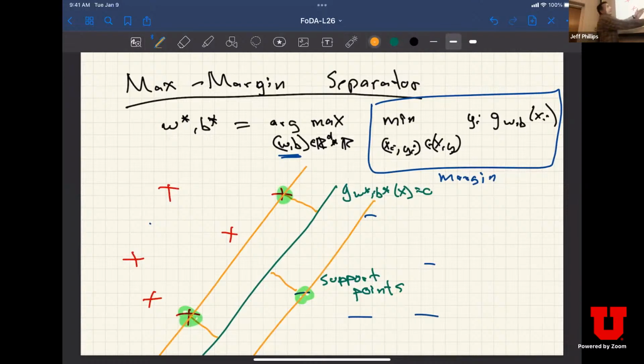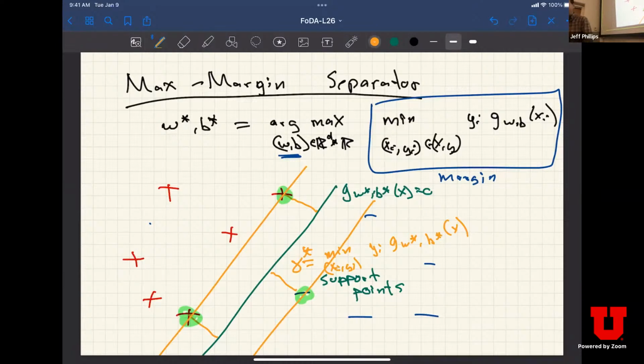That is the safe zone. There are no points within this gamma distance. This is gamma equals the min over (x_i, y_i) of y_i g_{w*,b*}(x_i), and I'll call this gamma star.